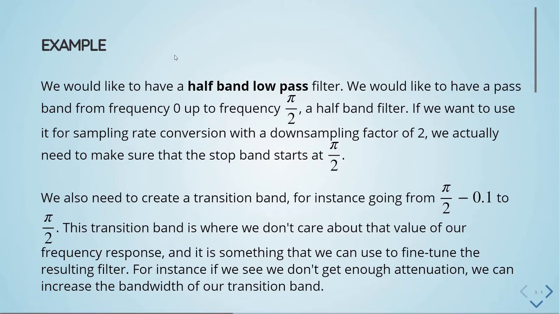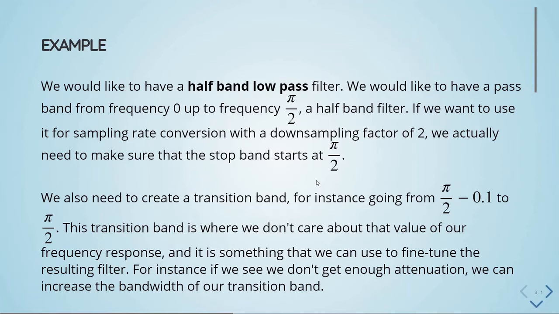We also need to create a transition band, for instance, going from pi divided by 2 minus 0.1 to pi divided by 2. So this transition band is where we don't care about the value of our frequency response, and it's something that we can use to fine-tune the resulting filter.